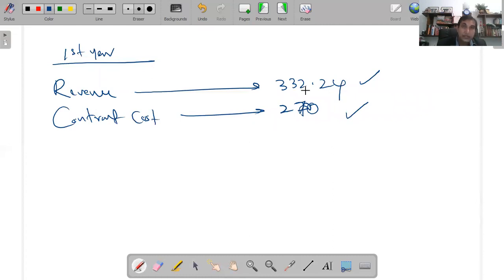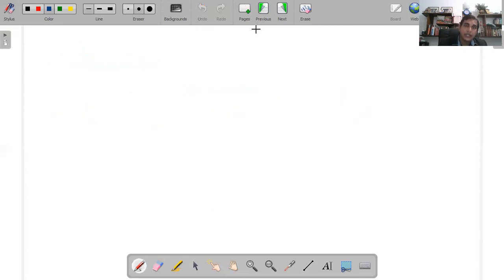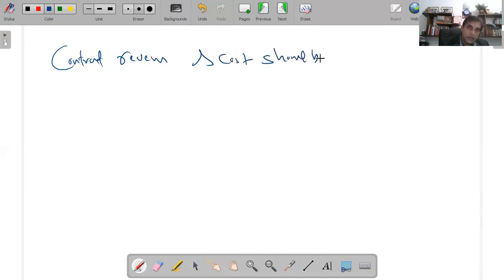Then second year, let me go to the next page. Contract revenue and cost should be recognized at the end of the second year.